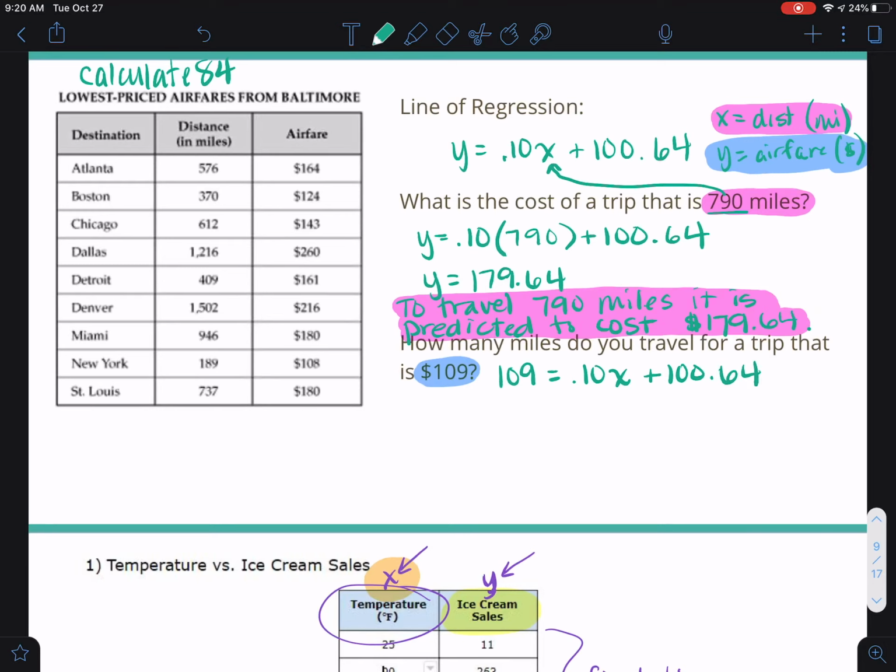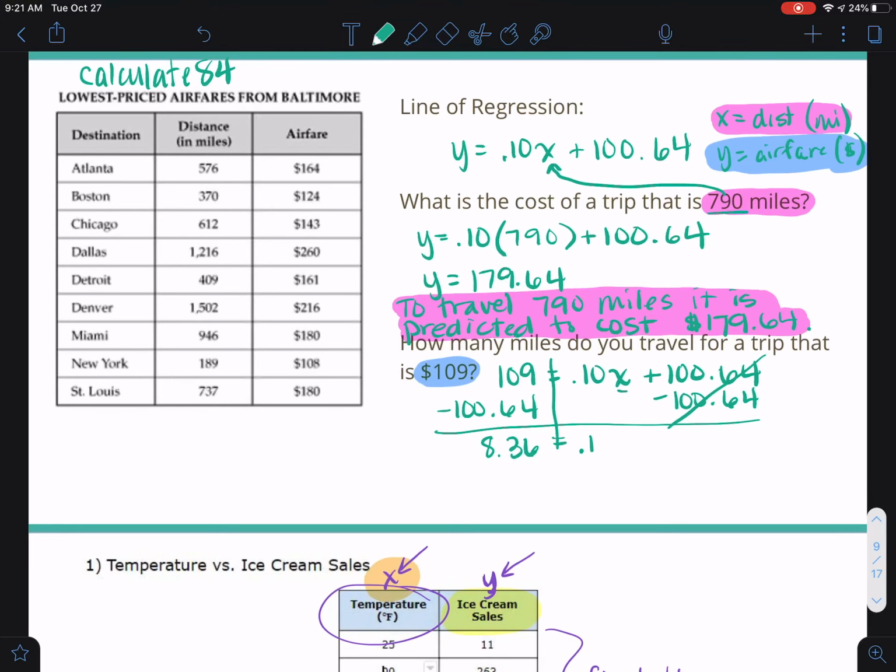Now I have to solve a two-step equation. I put my line down my equal sign. I'm trying to get x by itself, so the first thing I have to do is subtract 100.64. That cancels, and 109 minus 100.64 is 8.36.